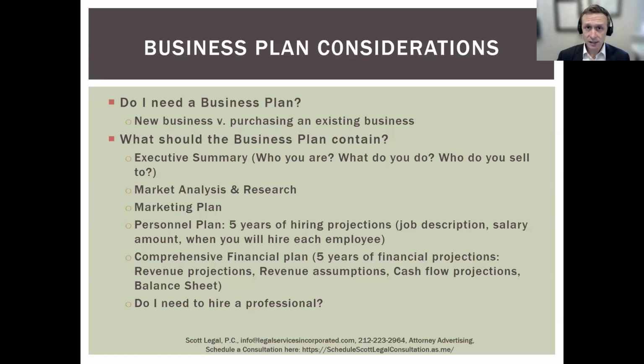So the pieces of it would be an executive summary. This is really a 1 to 2 page summary of exactly what I just said: who you are, what the business is going to sell, and how it's going to employ US workers. The reason the executive summary is important, by the way, is that oftentimes consular officers and USCIS, they're not spending a lot of time with the application.